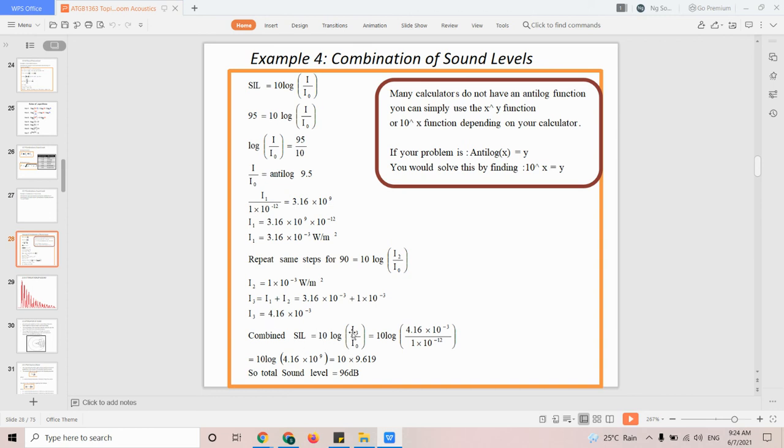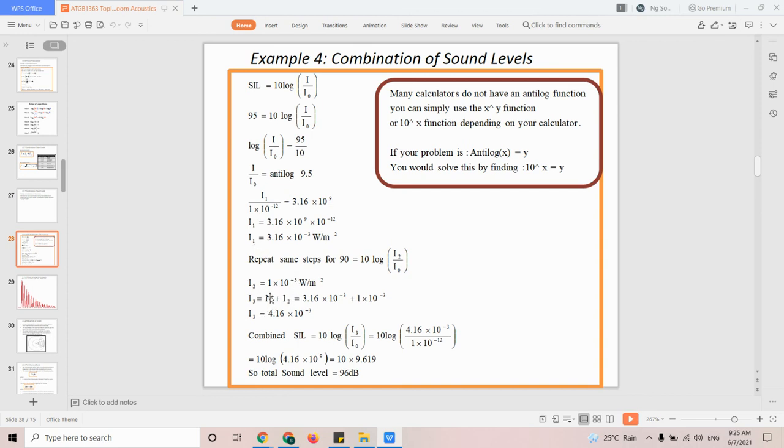So when it comes to combining your sound intensity level, you have to do it in this way, which means you have to work out what is their intensity, the I for 95 decibel, and then you have to work out what is the intensity for the 90 decibel, work them out, and you get I1 and I2.